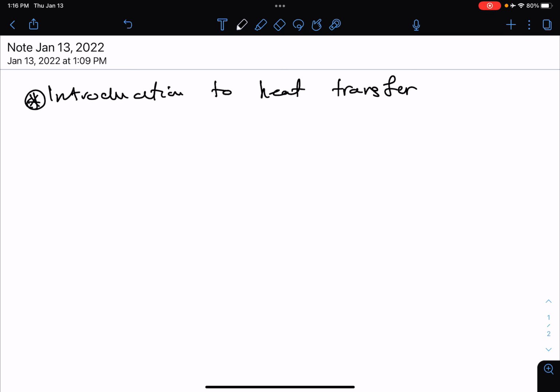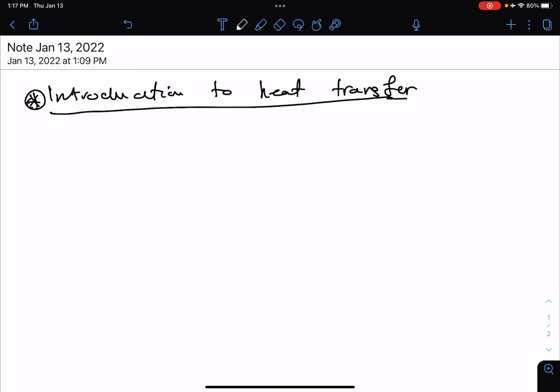The first thing you want to know when you are dealing with heat transfer and energy transfer, essentially in general, is what do we mean by heat transfer? I'm assuming at this point in your career, all of you have some sort of an idea of what heat transfer is, right? So anyone care to jump in?